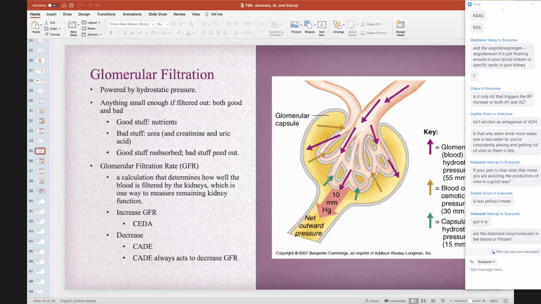Having too much being filtered out by your glomerulus can damage it. The most common things that can do that are diabetes, where you have too much glucose, which would be uncontrolled diabetes, or chronic hypertension. High blood pressure can damage it as well.